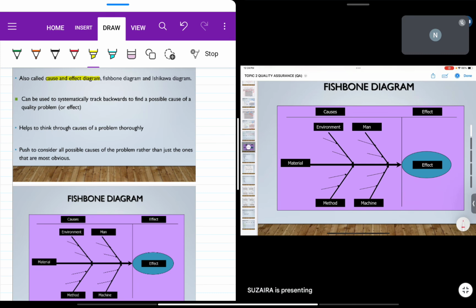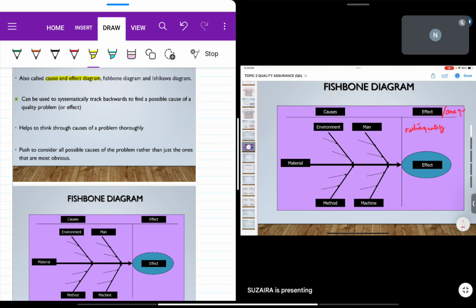When we talk about quality, reducing quality is very general. It can be contributed to by different factors. So that is the effect. Effect is the consequence.